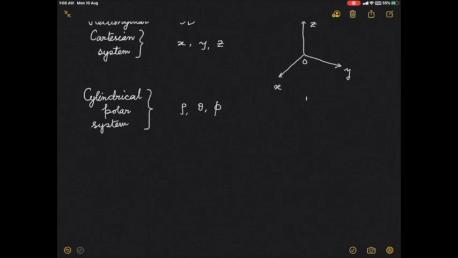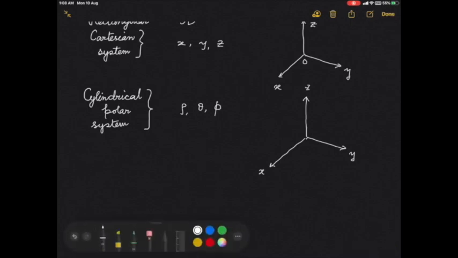And often it is drawn in the backdrop of Cartesian just to have an idea about what's happening with respect to the Cartesian. So I'll do the same. So I'll just first put the backdrop of Cartesian. Backdrop means I'm just putting the Cartesian things over here, and then I will change the color, and with some other color I'll try to draw another set of coordinate system.